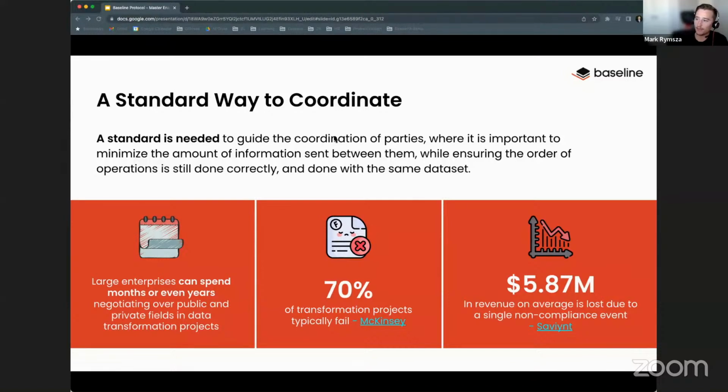Many of them fail, and large enterprises can spend months or even years negotiating over public and private fields in data transformation projects. With Baseline, you don't have to negotiate over those private fields. You don't have to worry about the data that you're sharing with each other, because it's all being hidden with zero knowledge proofs.